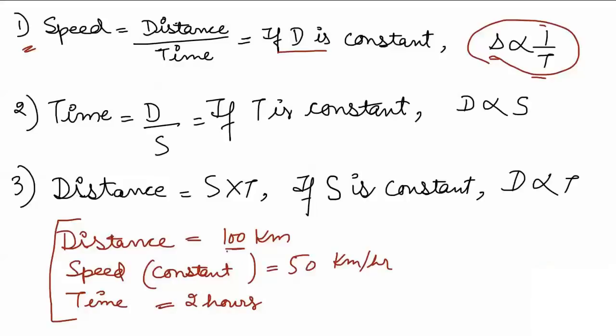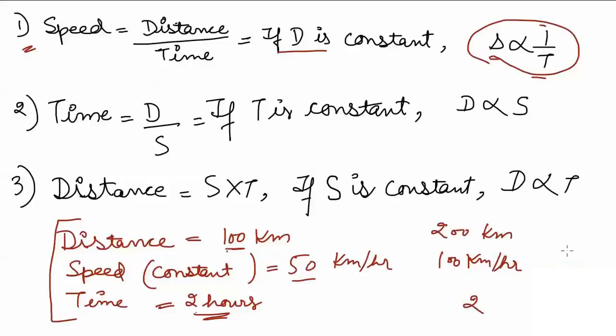So let's do the second derivation. If the time is constant, the distance is directly proportionate to speed. So for example, if the time is constant at 2 hours and the speed increases from 50 kilometers per hour to 100 kilometers per hour, obviously the person can cover 200 kilometers in 2 hours.